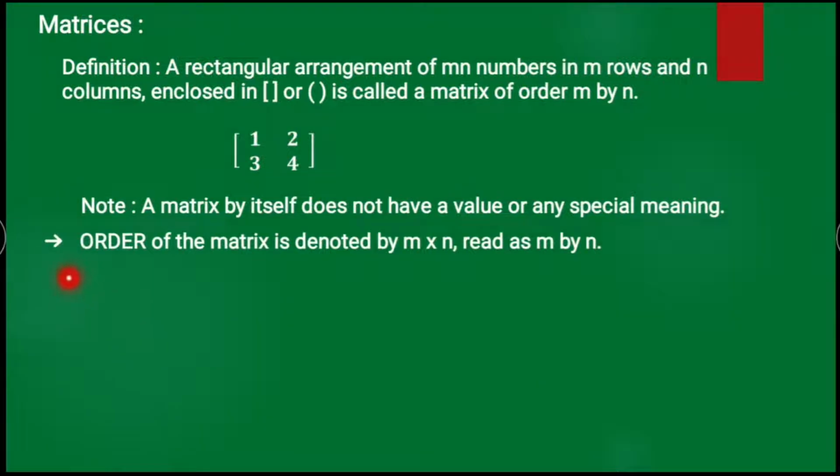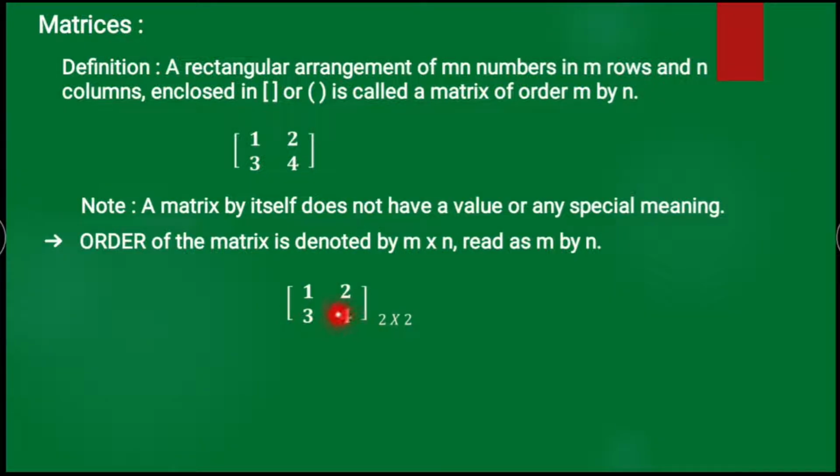So here the order of a matrix is denoted by m into n, and we read this m into n as m by n. This m represents the number of rows in that matrix and n represents the number of columns in that matrix.